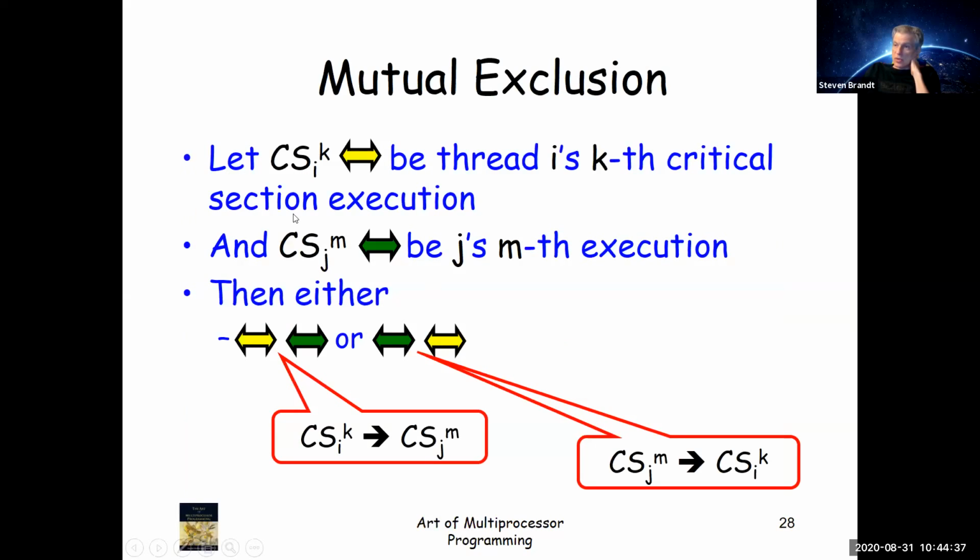The critical section CS_I^k should be thread I's kth critical section, and CS_J^m should be J's mth execution. Then either CS_I^k precedes CS_J^m, or CS_J^m precedes CS_I^k.